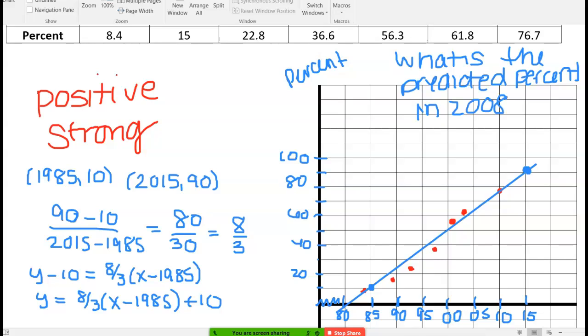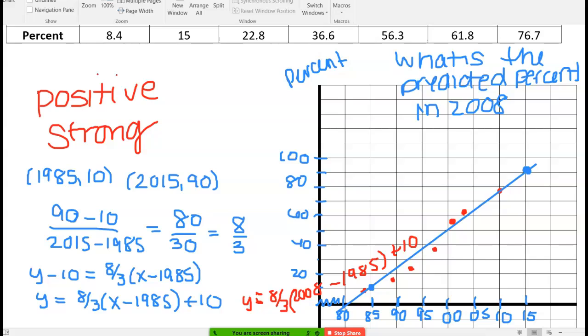So what we would do is take 2008, that's an x value, and plug it in for x in your equation. So you would have y equals 8/3 times 2008 minus 1985 plus 10. And then you would use a calculator.